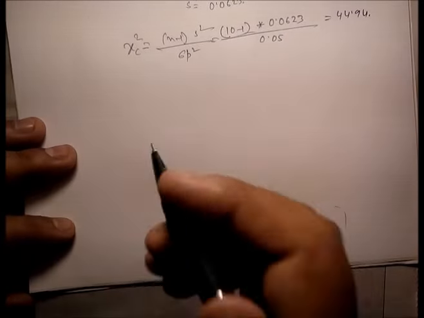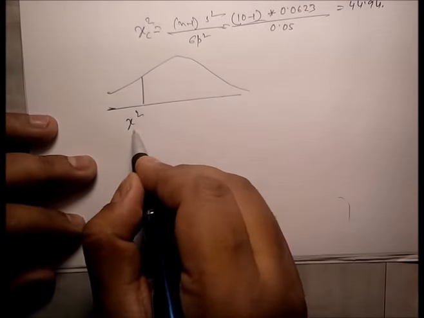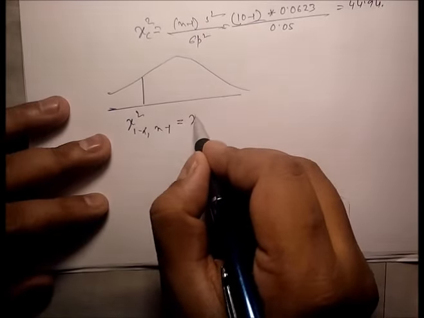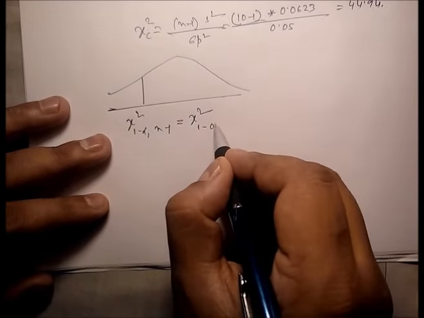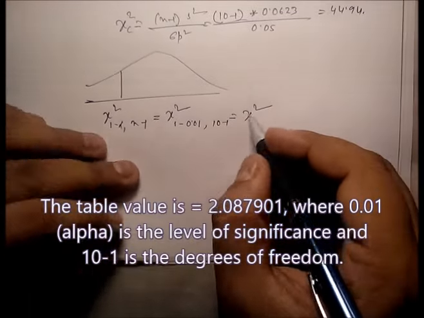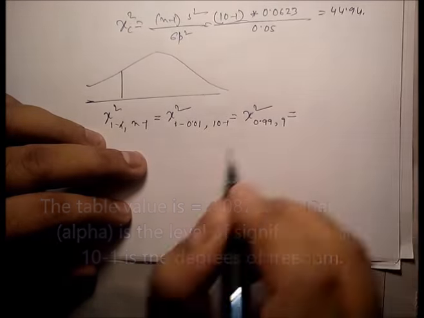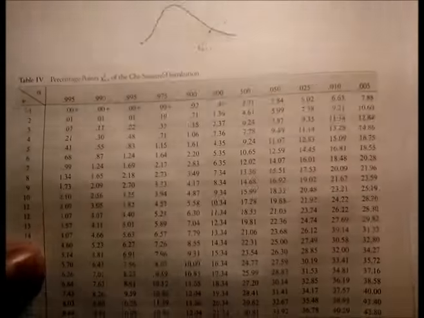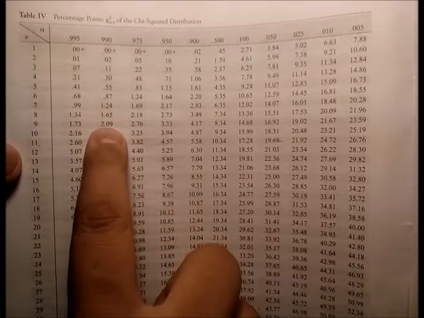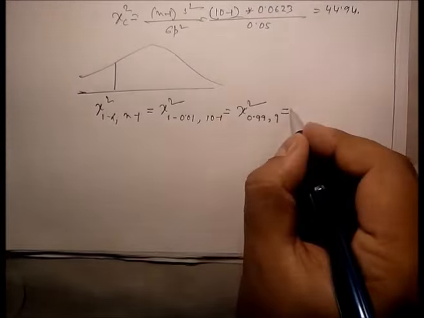Okay, now the table value is chi-square 1 minus alpha with n minus 1 degrees of freedom. So chi-square 1 minus 0.01 with 10 minus 1, that is chi-square 0.99 with 9 degrees of freedom, and its value, if you look here, is 2.09.